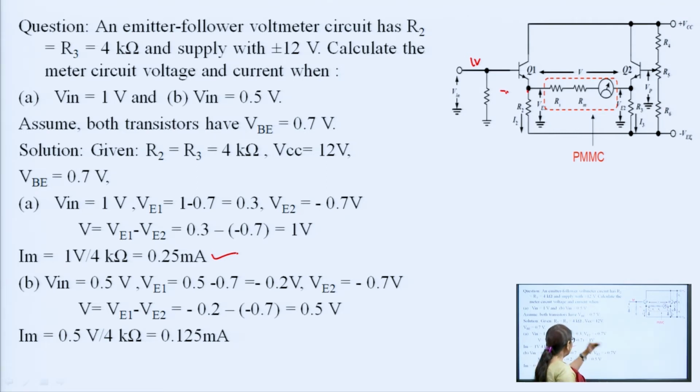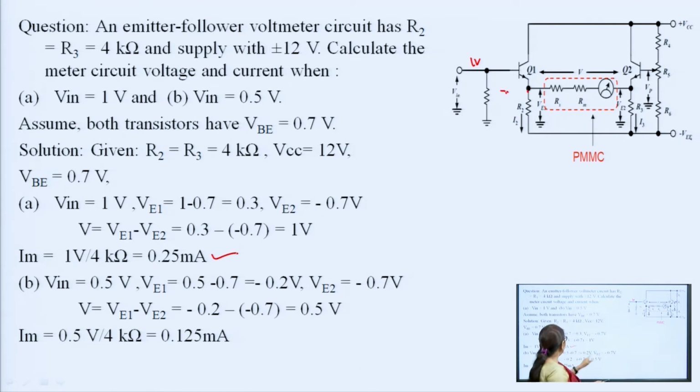Similarly, if we reduce the voltage to 0.5 volt, then VE1, the voltage at this emitter, is 0.5 minus 0.7, that is minus 0.2 volt, and VE2 is already at minus 0.7 volt. So, the voltage across this meter is the difference of these two, that is minus 0.2 minus minus 0.7, so it is 0.5 volt.